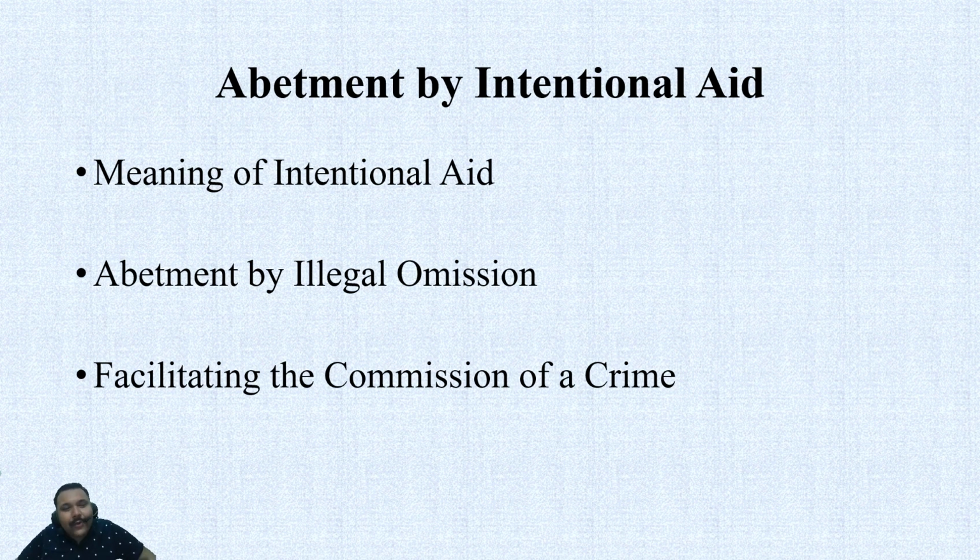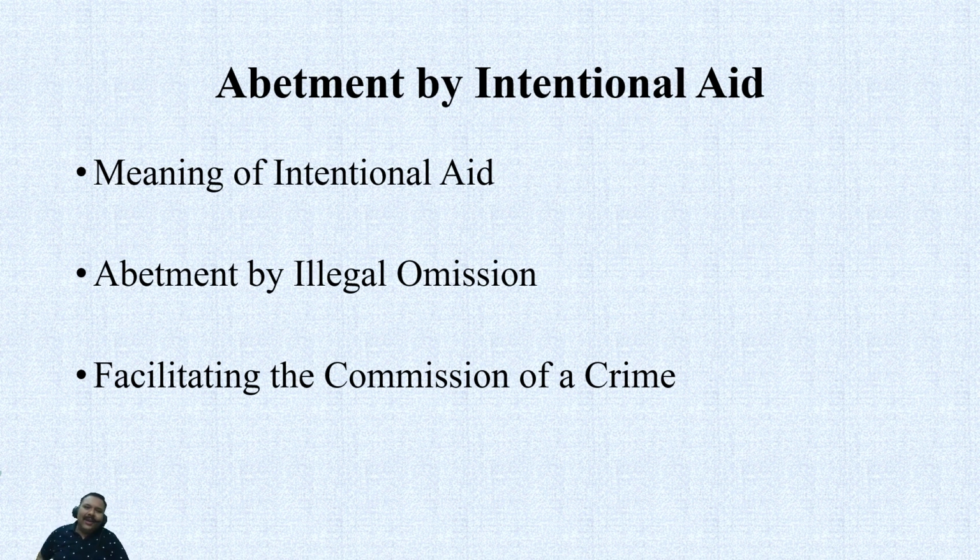If your duty was to inform someone of something, suppose you are a guard and a crime was committed and you fail to raise an alarm, if you see something suspicious, it was your duty to raise the alarm. You are a sentry, you are a guard, you didn't do that. So it is called abatement by illegal omission. Intentional aid I have already explained. This will be called illegal omission.